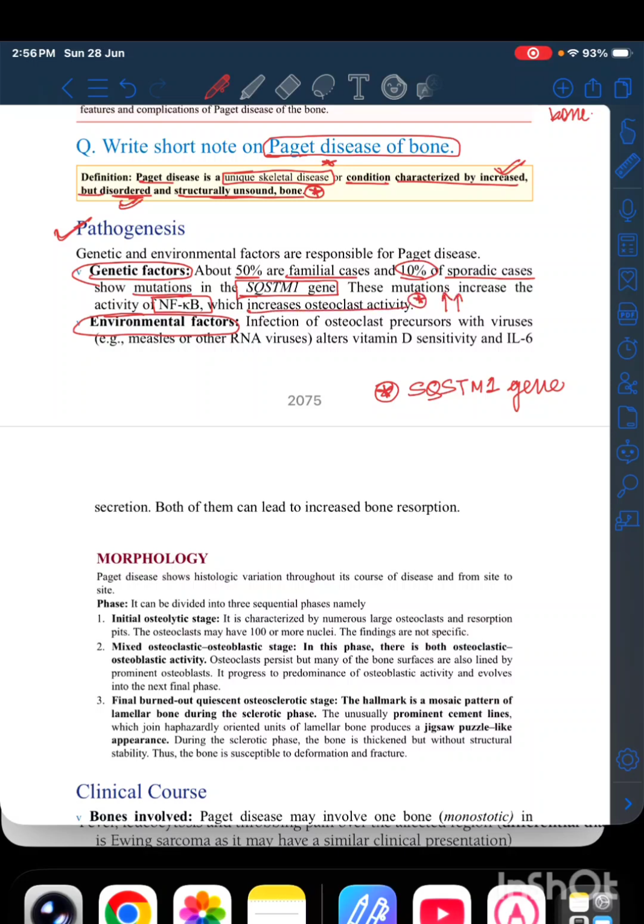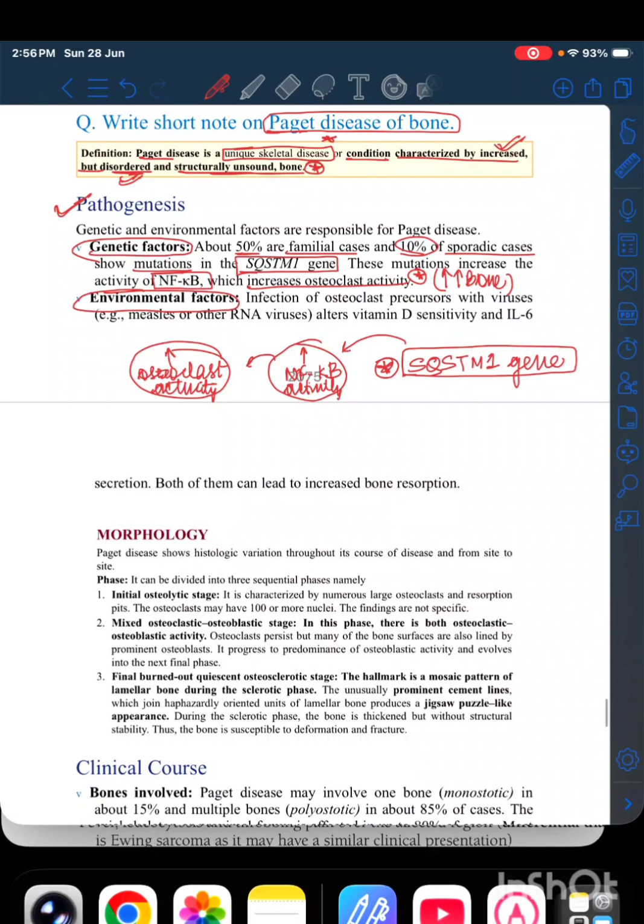So there will be increased bone production. Due to mutation in this SQSTM1 gene, there will be increased NF activity, which will increase osteoclast activity. These are interrelated.